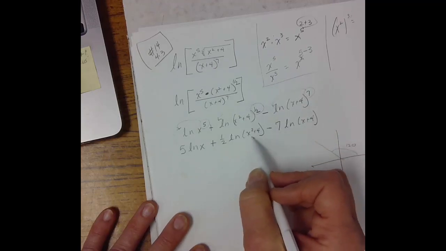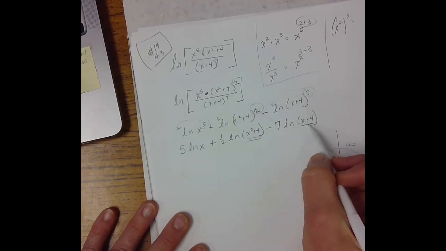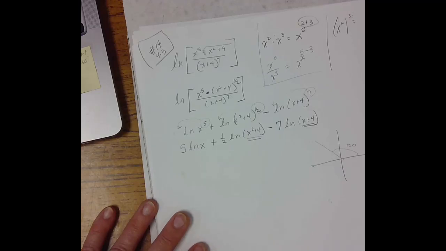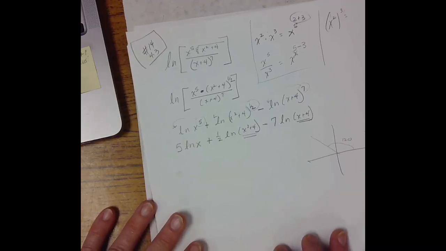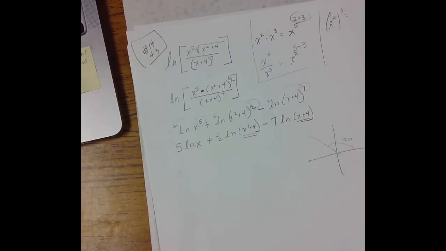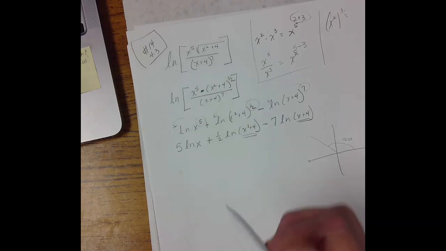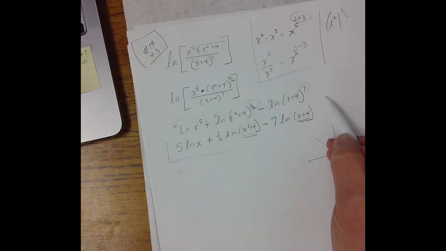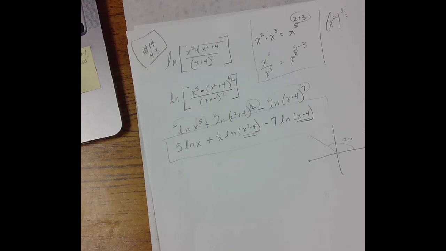Now, when you're adding, this is one term, and so is the x plus 4, so you will not separate those out. I can't do anything more with those. So that's my answer written in expanded logarithm form.